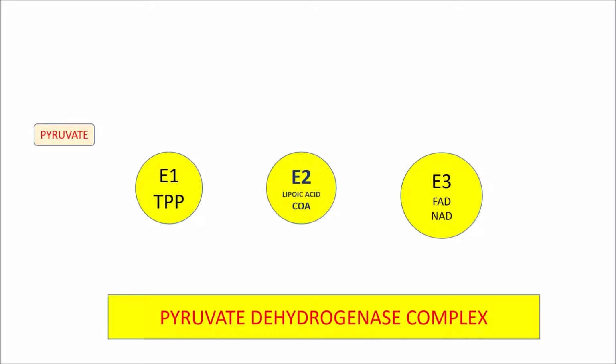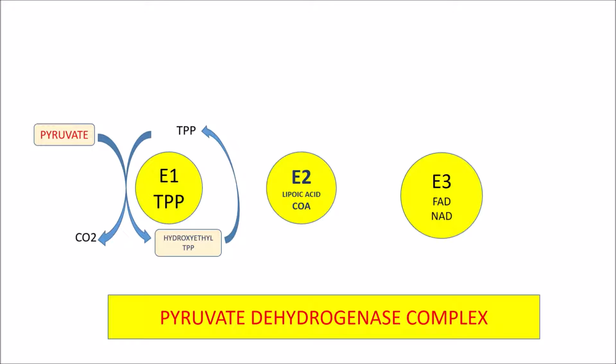Now let's talk about the mechanism of the pyruvate dehydrogenase complex. The first step is that pyruvate goes through the decarboxylation process. In the presence of the pyruvate dehydrogenase enzyme, that is E1, and with the help of TPP, this pyruvate will convert into hydroxyethyl TPP, and one carbon dioxide is released from here.